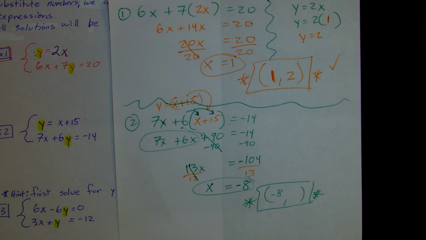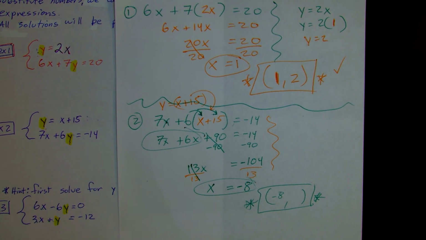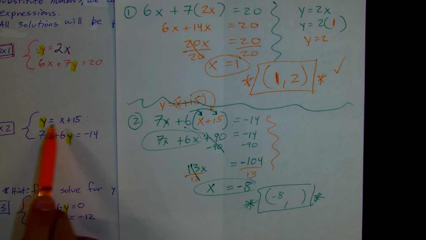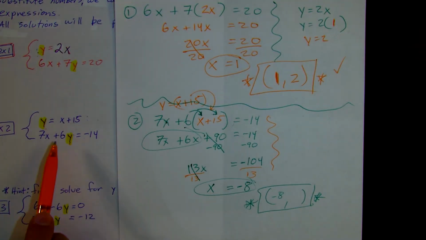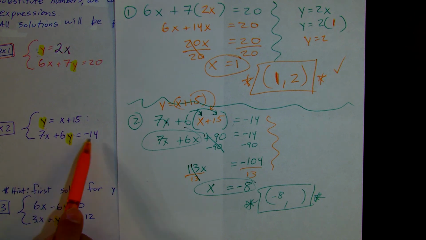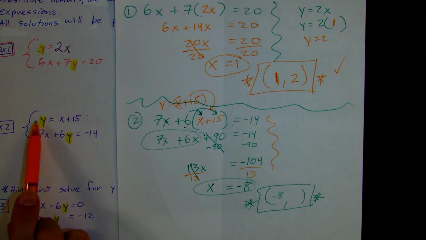Okay. And remember, second half, same as what we were doing before. I'm going to look to my first equation, y is equal to x plus 15. If I'm plugging in an x value, I think using the first equation is best. You could use the second equation and work it out, just more steps.